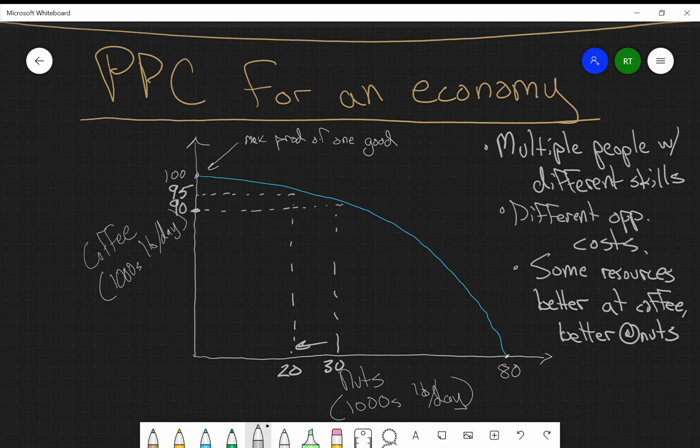So this is going to be a change of 10 in order to get an increase of 5. So we are giving up more the more we get to those intercepts. Again, the more we're trying to jam that round block into the square hole, the more expensive it becomes in terms of the other resources that we are giving up, the other output that we are giving up.